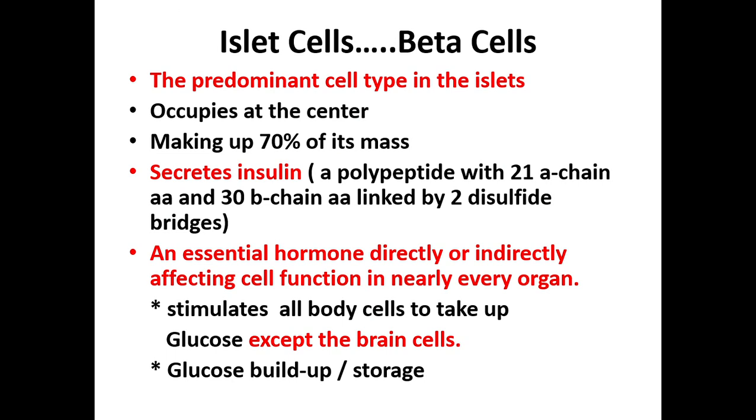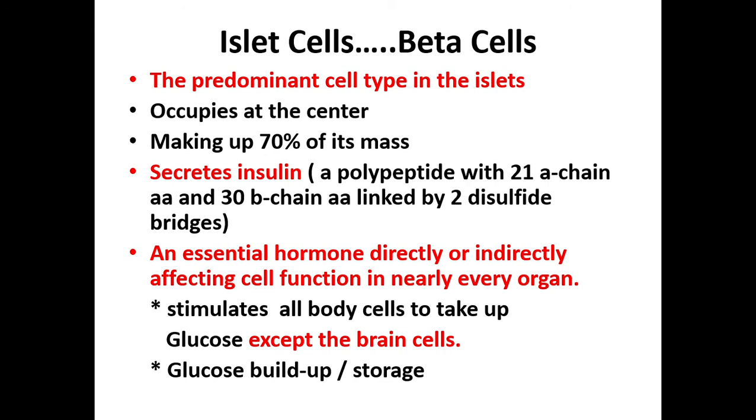The beta cells are the predominant cell type in the islets, mostly found at the center of the islets, making up 70% of its mass. The beta cell secretes insulin, a polypeptide with a 21 amino acid alpha chain and a 30 amino acid beta chain linked by 2 disulfide bridges.